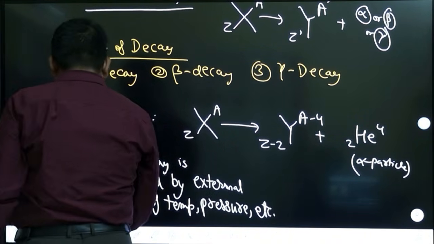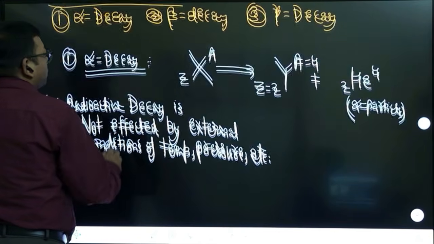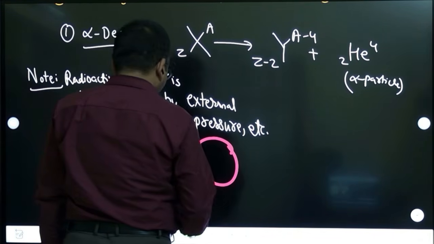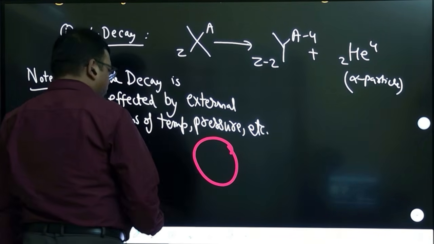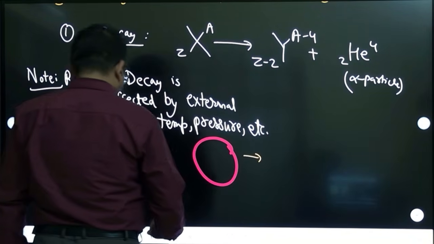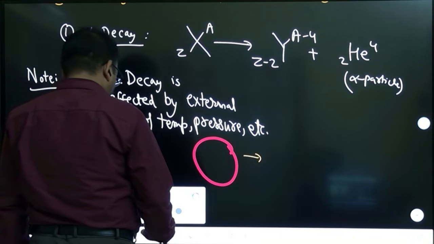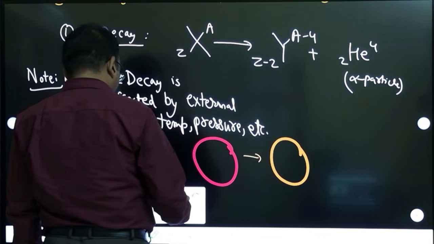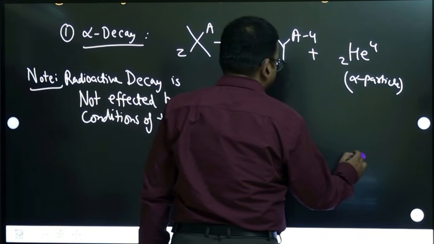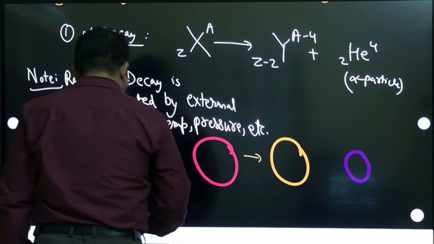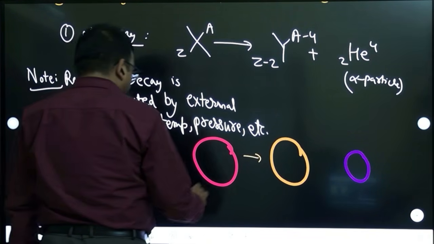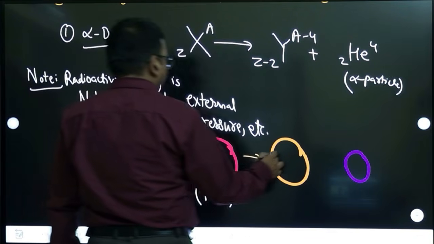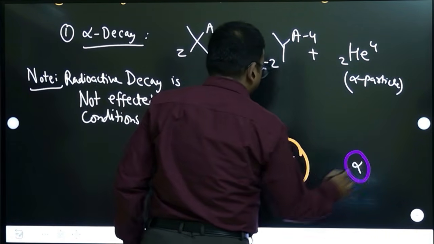Okay, so in alpha decay, let us take one nucleus breaking down into another nucleus and an alpha. Let us say that initially it was at rest. This is x, this is y, this is alpha.